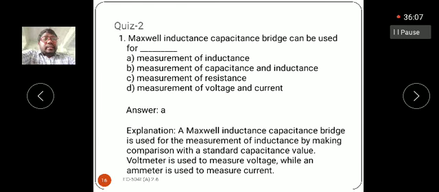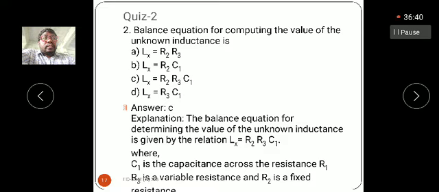This is an important discussion. The balance equation for computing the value of unknown inductance, which we already derived, is Lx = R2 R3 C1.